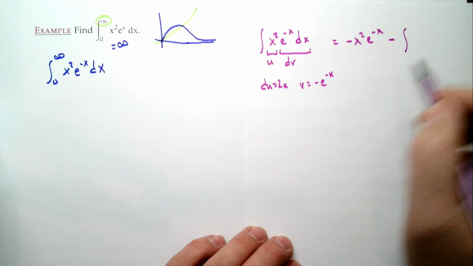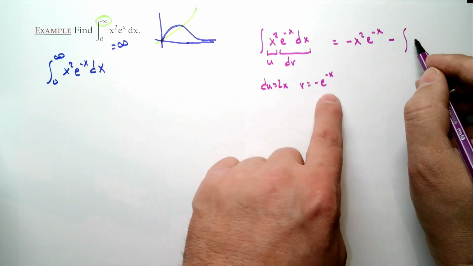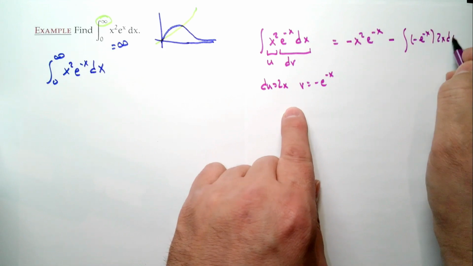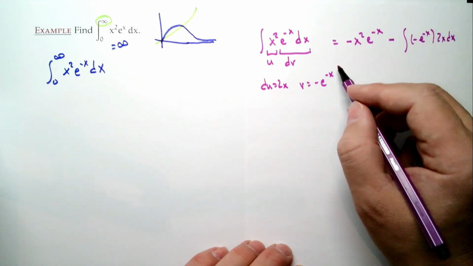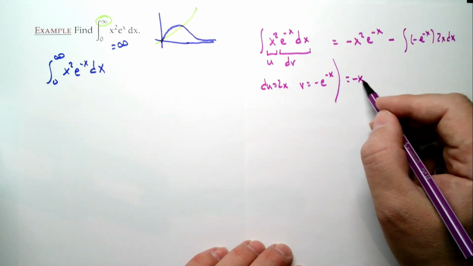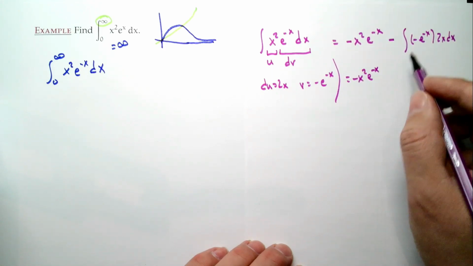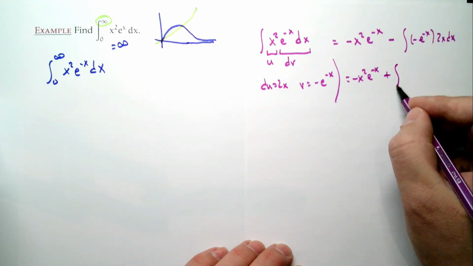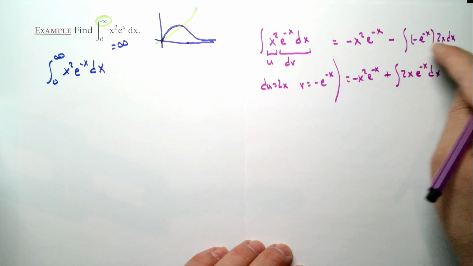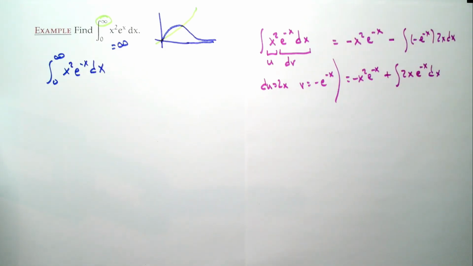So the integral of minus e to the minus x times 2x dx. Now you can clean this up. This is the same as minus x squared e to the minus x plus the integral of 2x e to the minus x. I'm just swapping the order here, and minus minus makes plus.